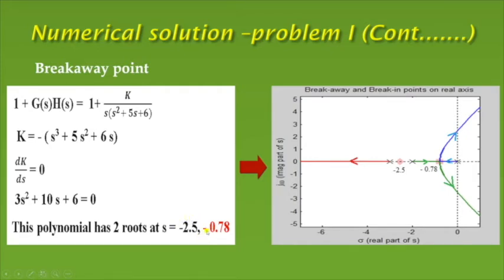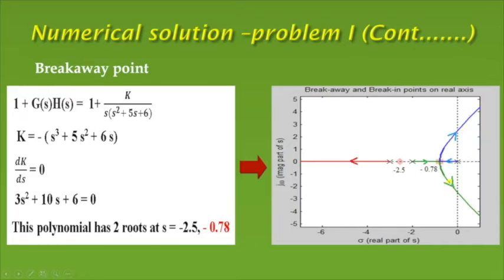So this is not a break-away point. But minus 0.78 exists here, that means this point is present on the root locus. So this is called the break-away point. These two root loci meet at that point and move to infinity along these asymptotes. Another root locus starts from minus 3 and moves to infinity along this asymptote.